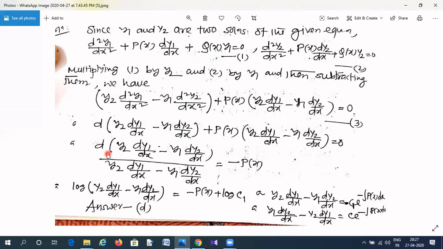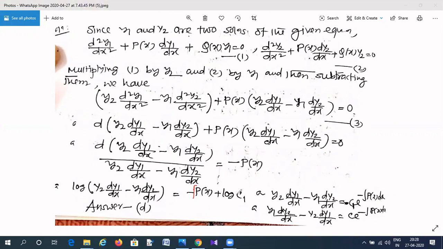So it is quite easy: the derivative of the term given here is given above, so if we integrate, we get log of y2 dy1/dx minus y1 dy2/dx equal to integration of minus p(x) dx, plus a constant of integration, log of c1.